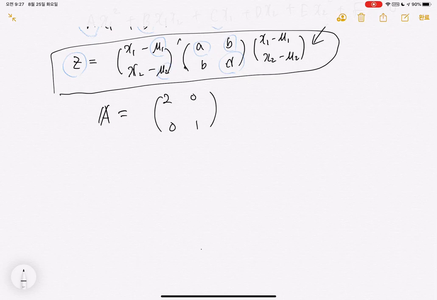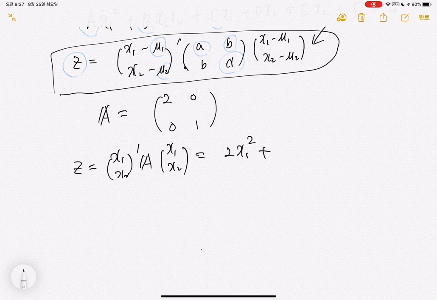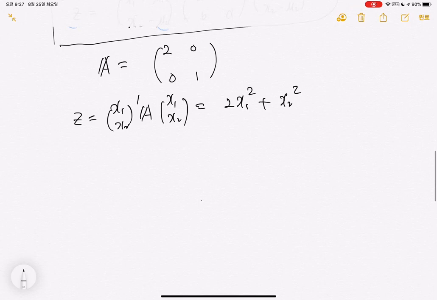We know the quadratic form of this matrix A is 2 x1 squared plus x2 squared. What is the graph of this? What is the shape of this graph?